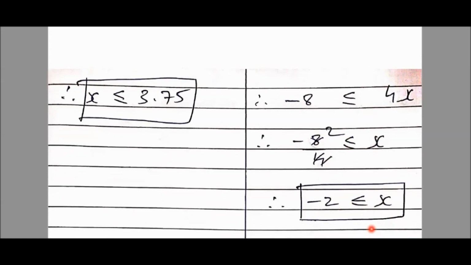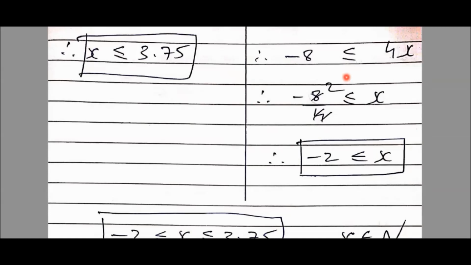Now the next step, understand this very carefully, and you have to do this thoroughly throughout the chapter. Always you have to club both the answers. Always start with the negative number. So see this, minus 2 is less than equal to x, then continue from here. So I'll show the screen in front of you.